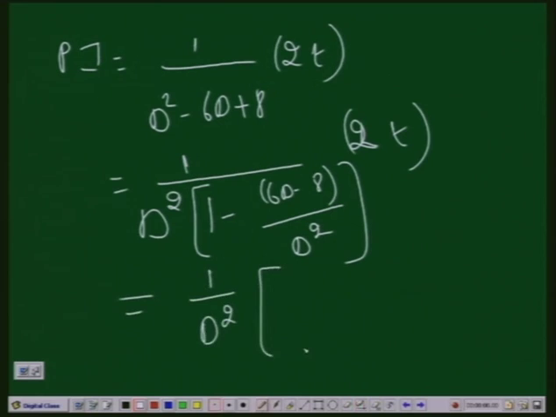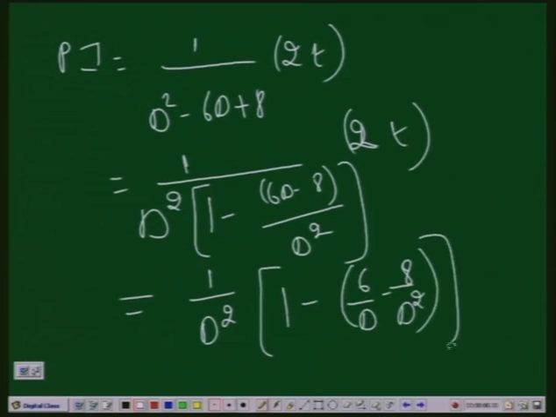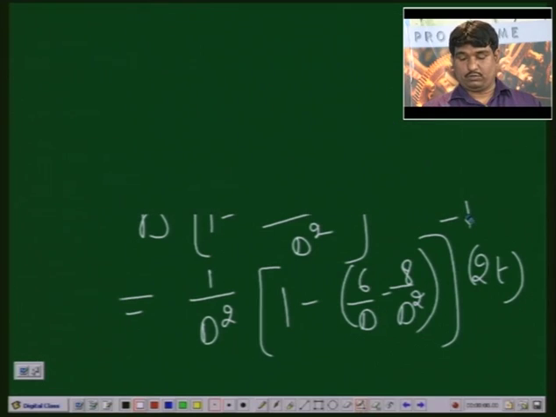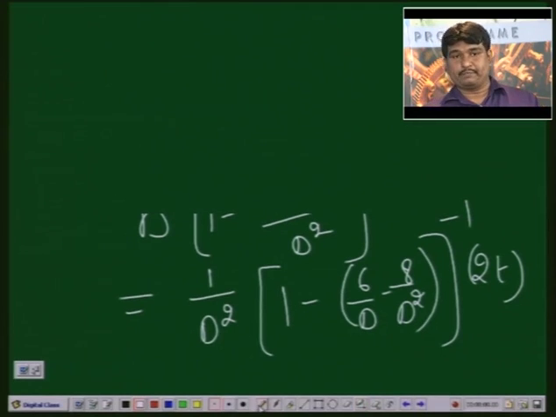I'll take this to numerator, which is 1 minus 6 by d minus 8 by d square operating on 2t, whole to the power of minus 1. Okay, now it's like 1 minus x whole to the power of minus 1. Right, now I'll expand it.